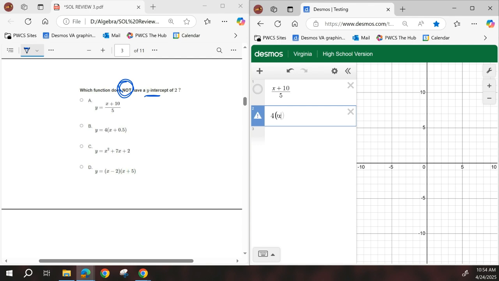Even though you can look at them one at a time, it's not a terrible idea to have them all saved in there. So if you typed one in incorrectly, you can go back and fix it and check it again. This one has an intercept of 2. That's not our answer.